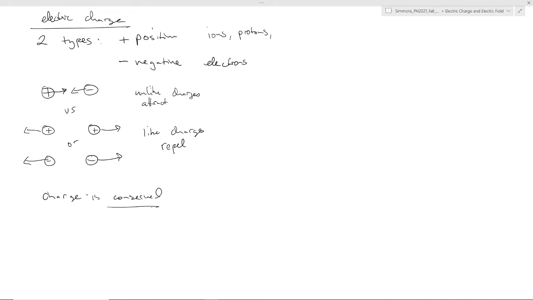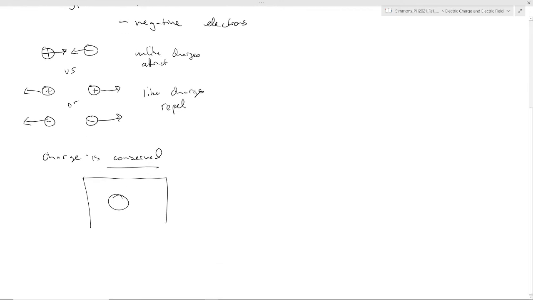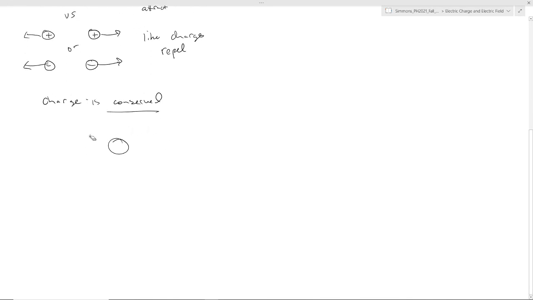When we talk about charging an object, really what you're doing is moving the charge. One way to think about this is to imagine your object is in a box, or in a system, a surrounding.